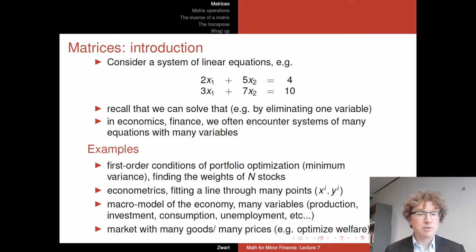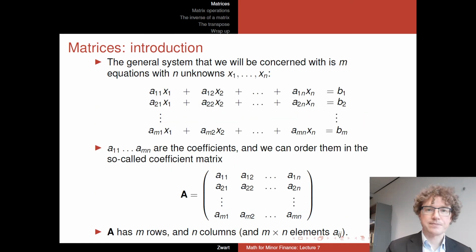If you have a market with lots of goods, lots of different prices, in order to optimize welfare, to find the optimal prices, you will again have to solve a lot of different first order conditions. So how can we conveniently deal with such larger systems of equations? That should be a question that is of interest to us.